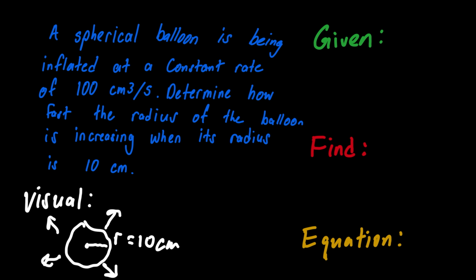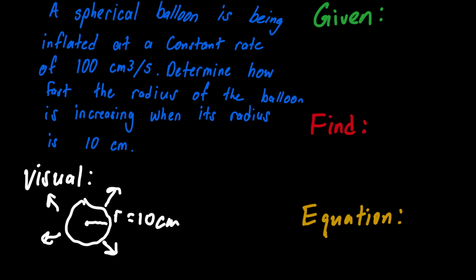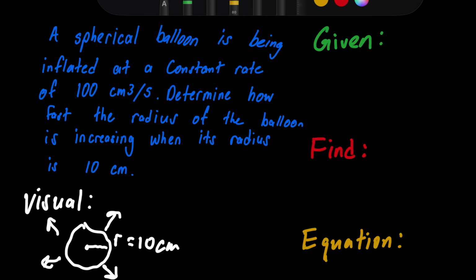And that means its radius will also increase. But we're trying to figure out how quickly its radius will increase. So the whole balloon will be expanding at a rate of 100 centimeters cubed per second, and we need to find how quickly the radius itself is moving outwards. If that's not clear right now, I'm sure it will be by the time we're done with this question.